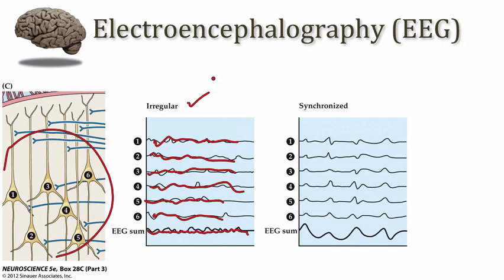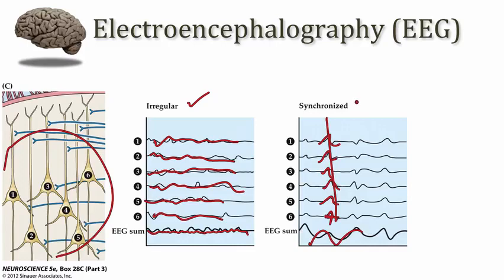Now, on the other hand, if it were possible to synchronize the inputs to this population of cells, we may find that many neurons are essentially engaged in firing at more or less the same time. And these signals might then sum algebraically and produce a much more noticeable wave in the electroencephalographic recording from the surface.